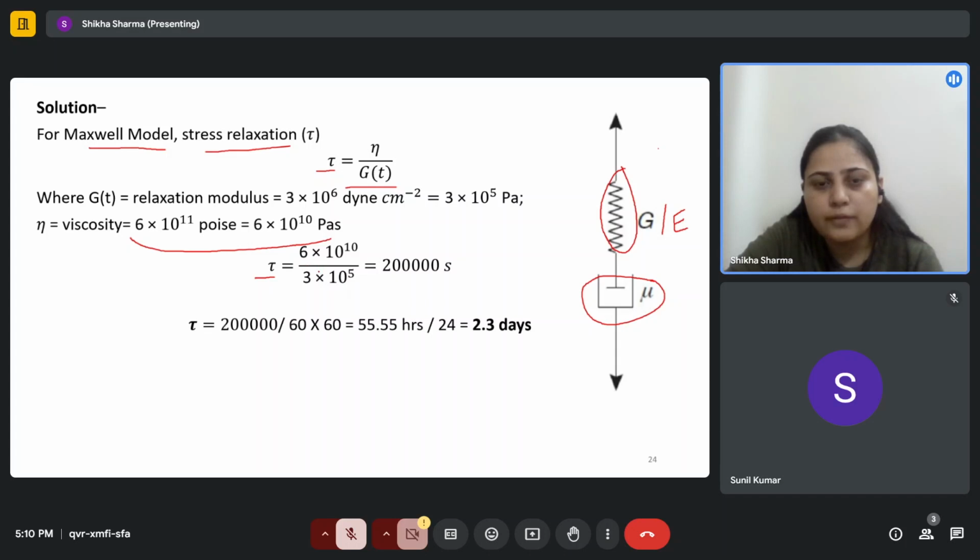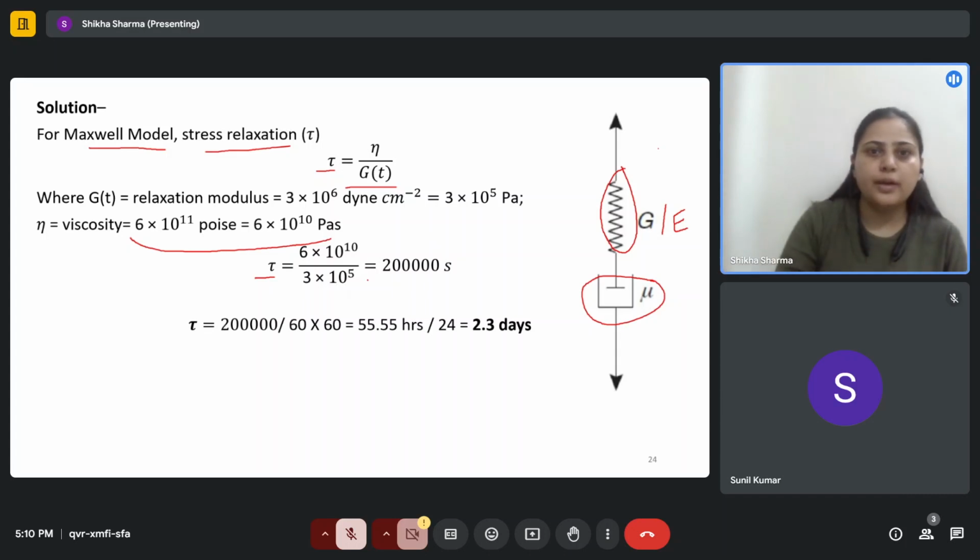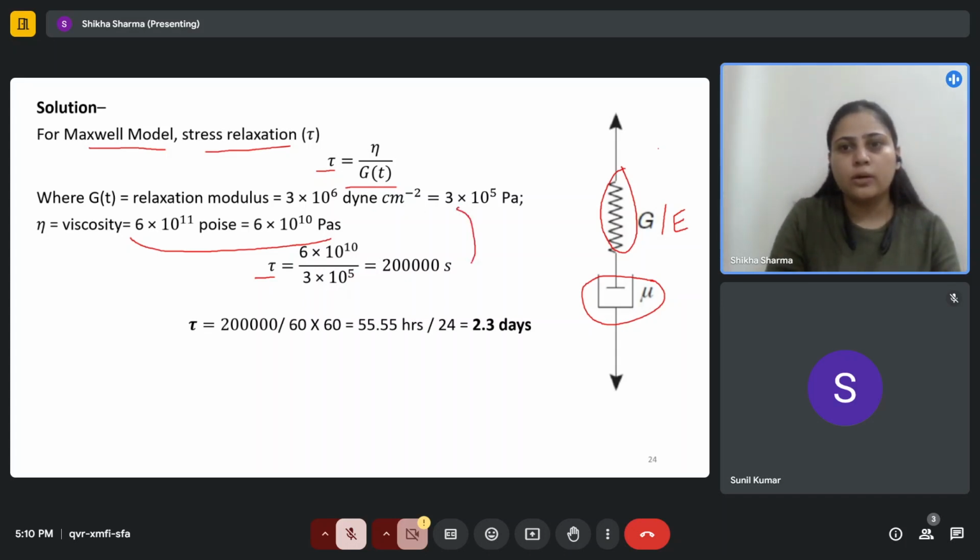We divide this by the relaxation modulus, which is 3 into 10 to the power 6 dyne per centimeter square, or 3 into 10 to the power 5 Pascal. We divide both of these and we get the result.